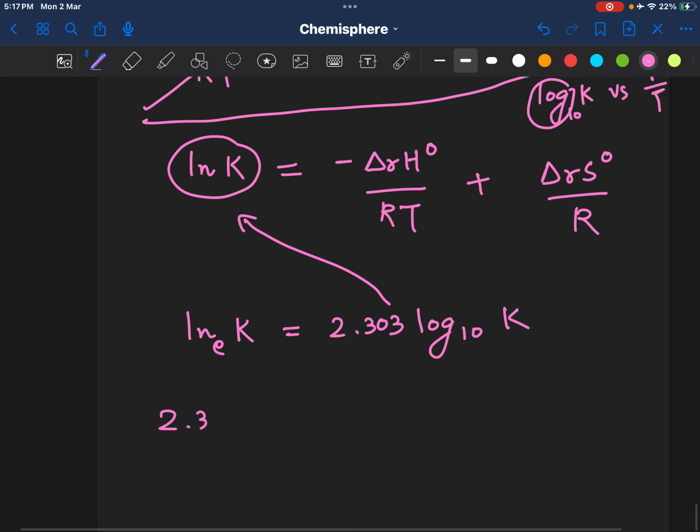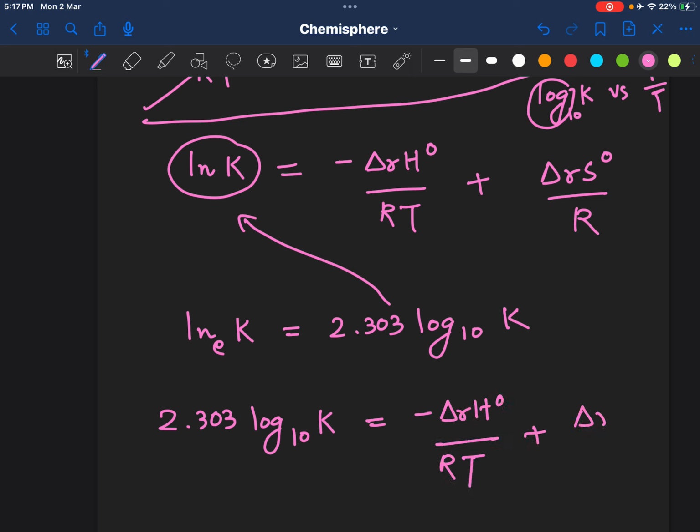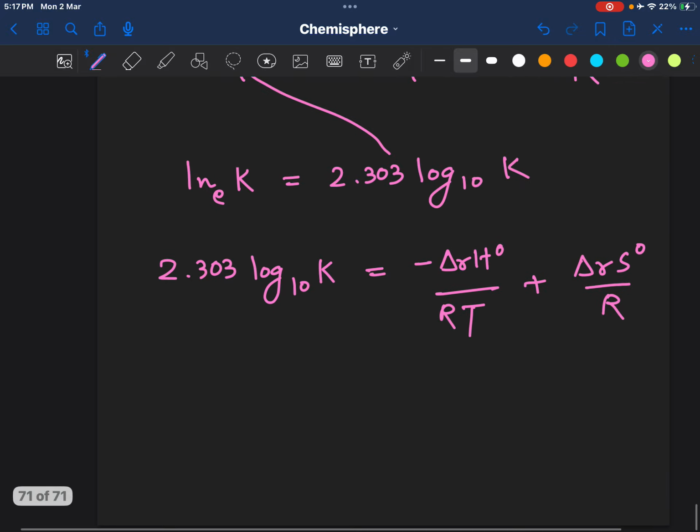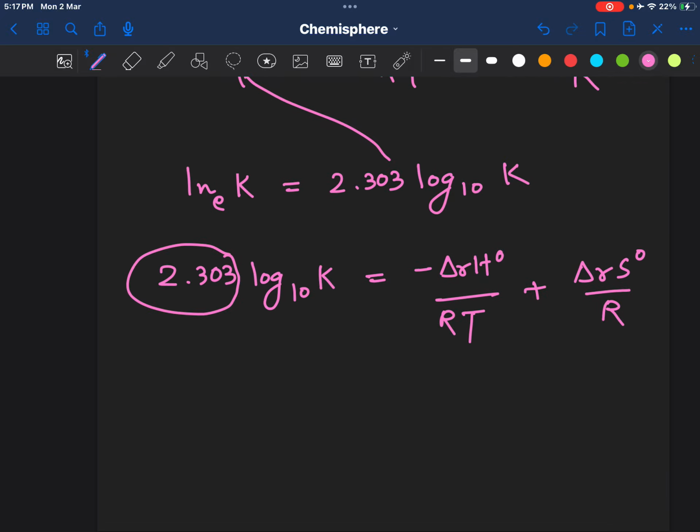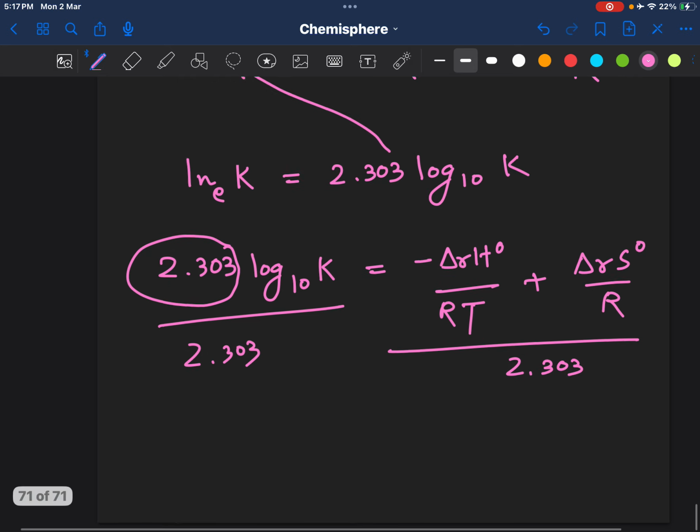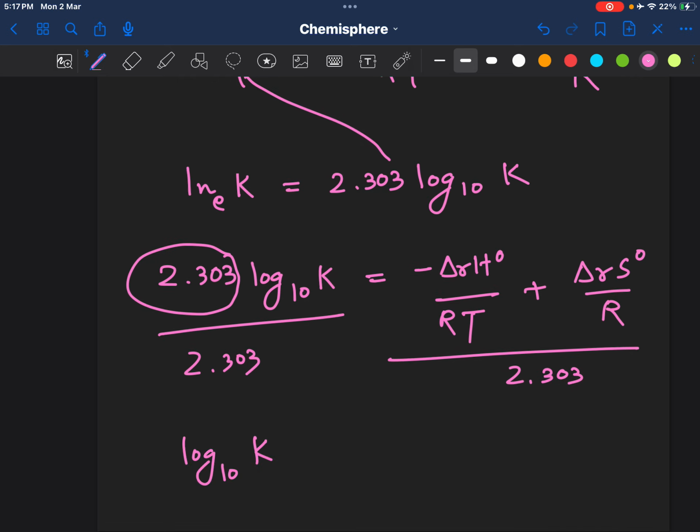We have 2.303 log 10 K is equal to minus delta R H naught by RT plus delta R S naught by R. Now divide by 2.303 on both sides, because we want the graph of log 10 K versus 1 by T. So I get log 10 K is equal to minus delta R H naught by 2.303 R into 1 by T plus delta R S naught by 2.303 R.